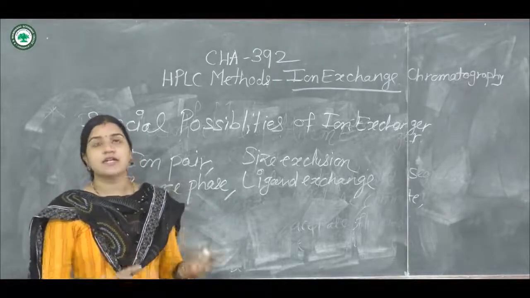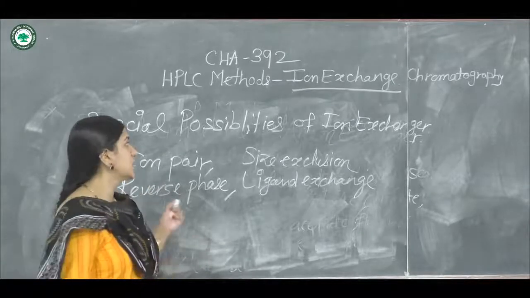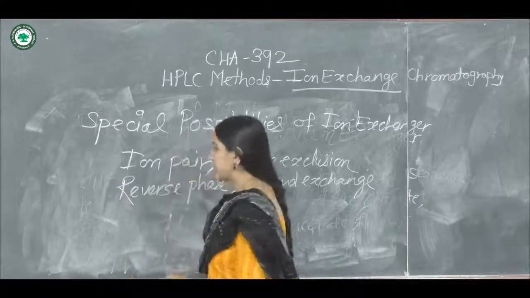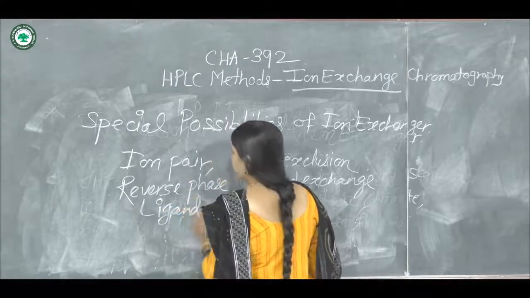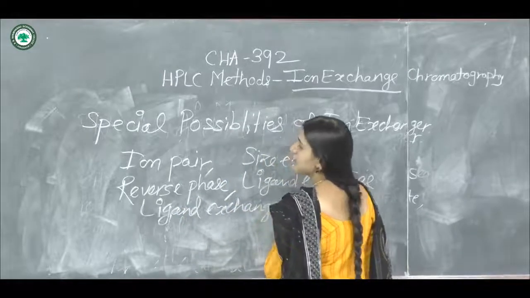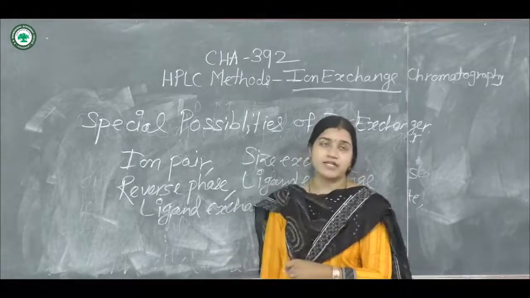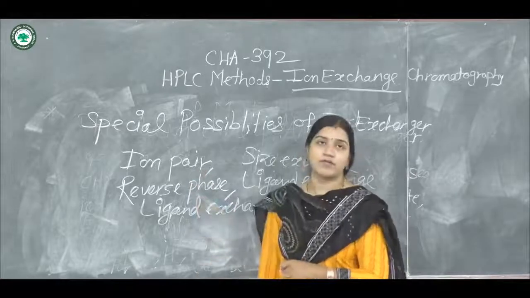For example, heavy metal cations can be analyzed by using the ion exchange chromatography. Sometimes ligand exchange reactions are also carried out. The strong acids and strong bases which cannot be analyzed by normal ion exchange can be analyzed using ion pair chromatography.